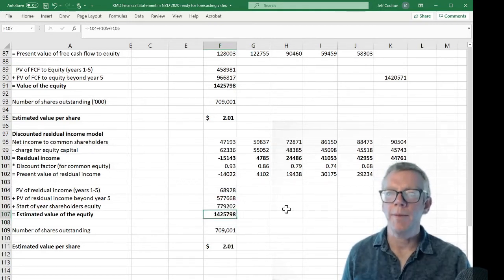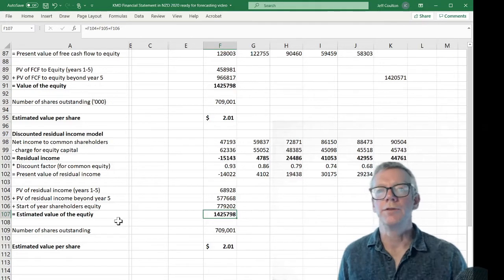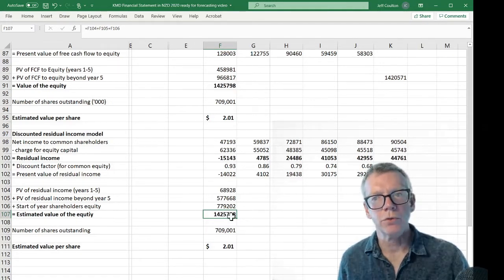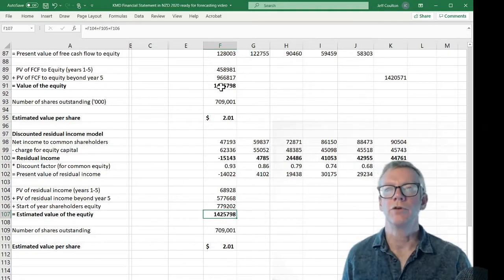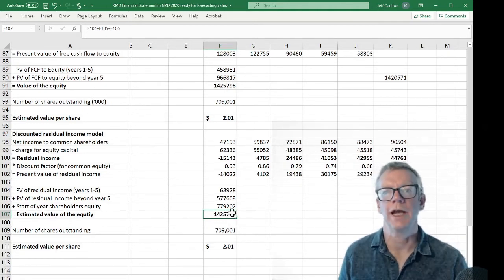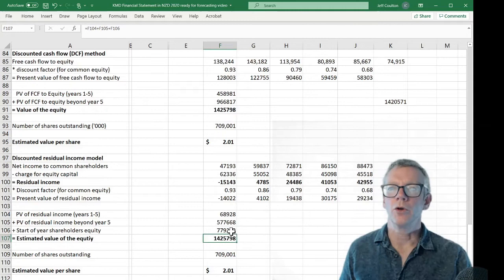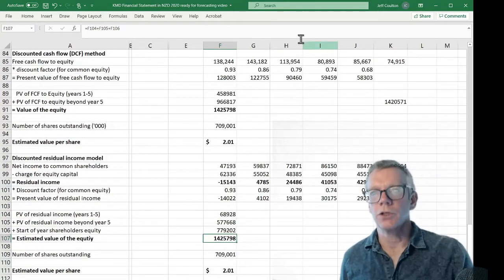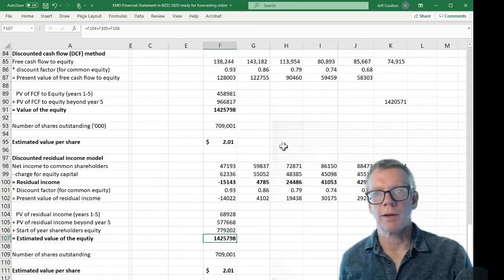And happily, I know that the value of equity using the residual income model is the same as the value of equity using the free cash flow model. And that's what we're hoping to see. So that's one way of checking that you've got these valuation models set up correctly.